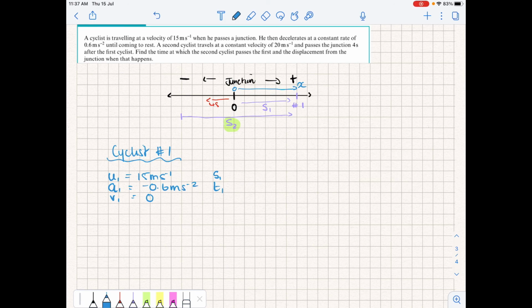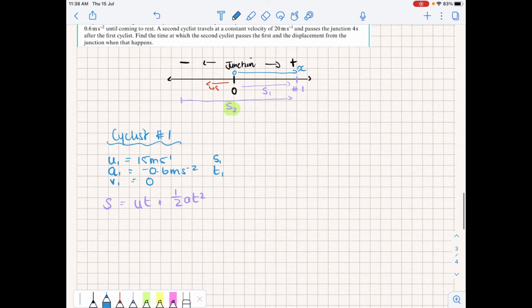So the formula we would like to use is displacement is equal to initial velocity times time, because we want time to be a variable, plus a half a t squared. I haven't bothered using the one for final velocity, because again, we don't really care what the final velocity is. So let's plug in our variables.